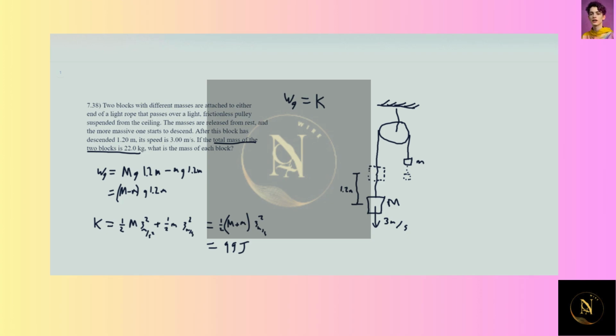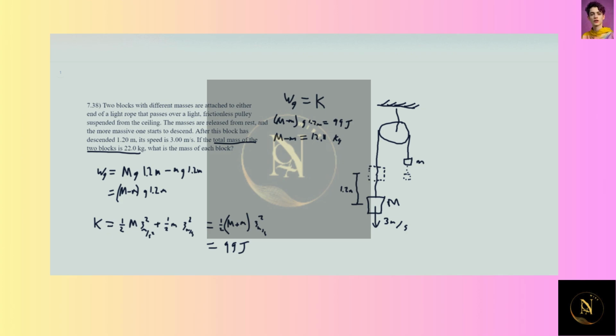So I'm going to continue by writing big M minus little m times g, 1.2 meters equal to 99 joules. And then when I solve that, we get big M minus little m is equal to 12.11 kilograms.